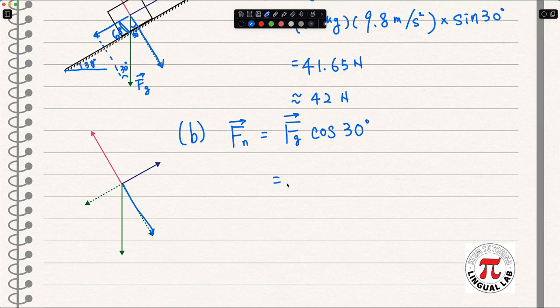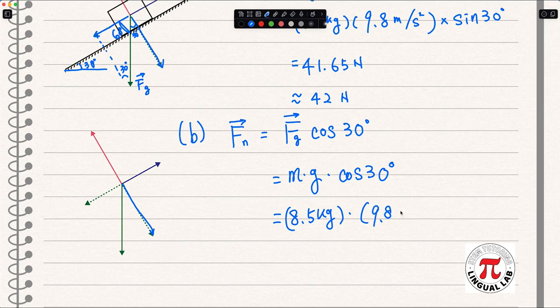The gravitational force we can always calculate by mass multiplied by the free fall acceleration, multiplied by cosine 30 degree. The mass is 8.5 kilogram, and the free fall acceleration is 9.8 meters per second square, and the cosine 30 degree.